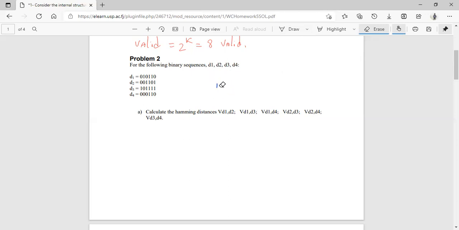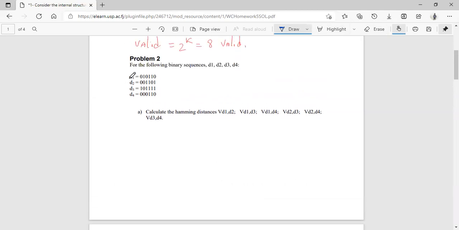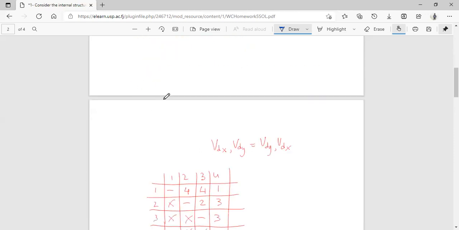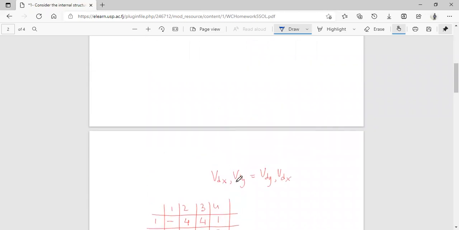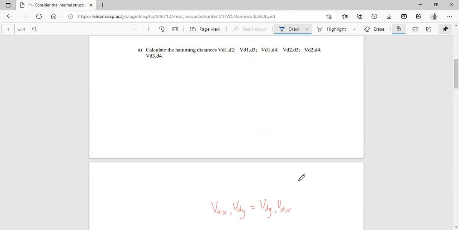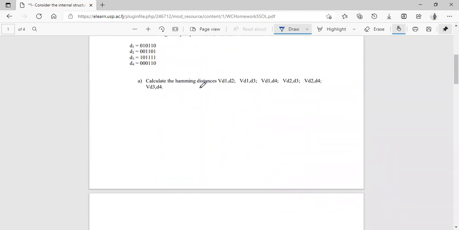Keeping that in mind, the distance between data points D2 and D1 is the same as the distance between D1 and D2. So the distance between data points dx and dy is also equal to the distance between dy and dx. Based on this property, we can find the distances in a matrix form.